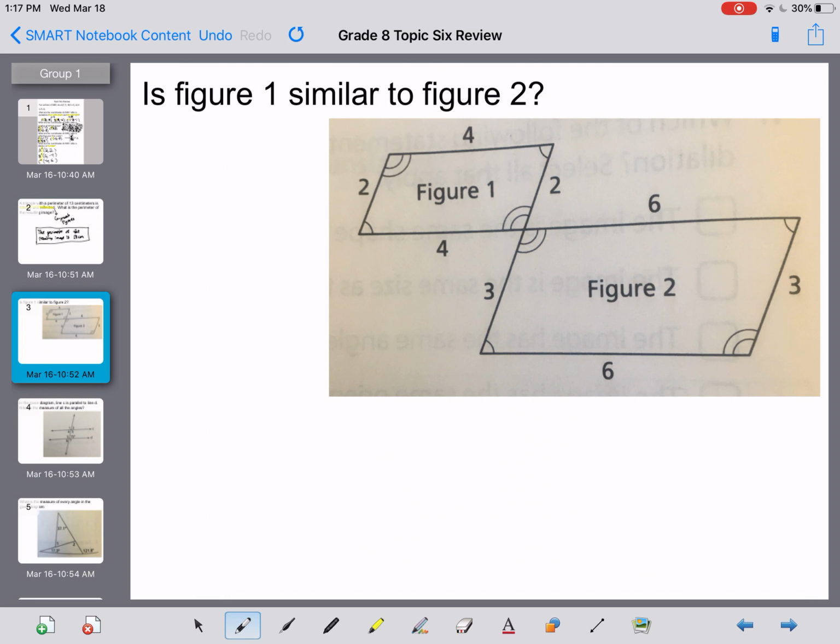Is figure 1 similar to figure 2? Take a second to copy down the question and a picture of the diagram as well.